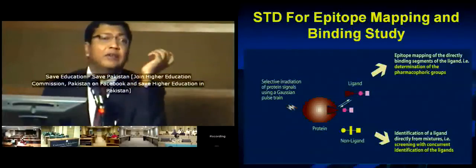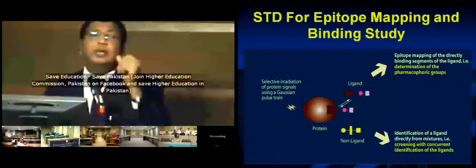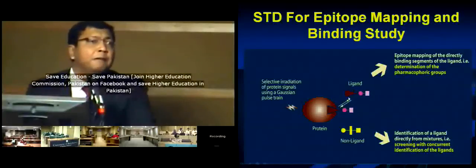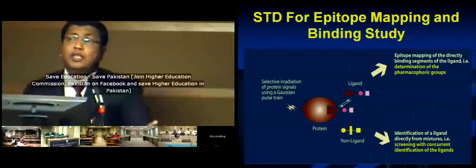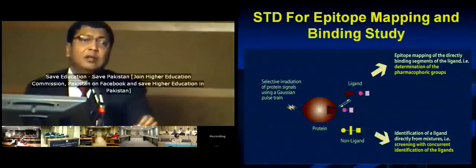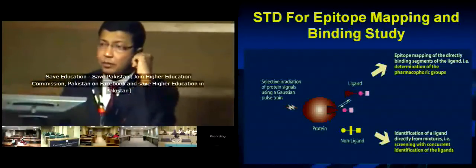You get a photograph, right? So other than X-ray crystallography, this is the only technique which will give you a direct mapping of the epitope. Extremely powerful, very, very robust technique. Great future of NMR spectroscopy because it is now used for mapping of the epitope.